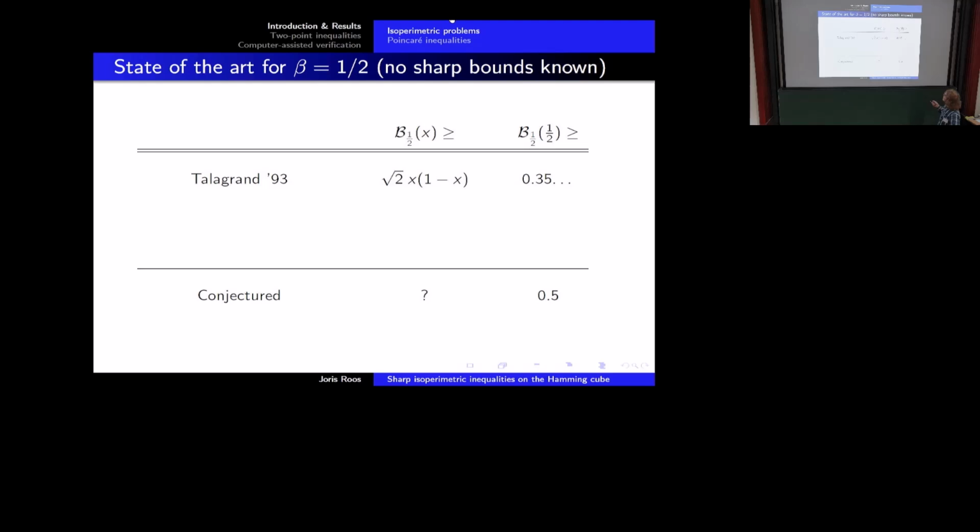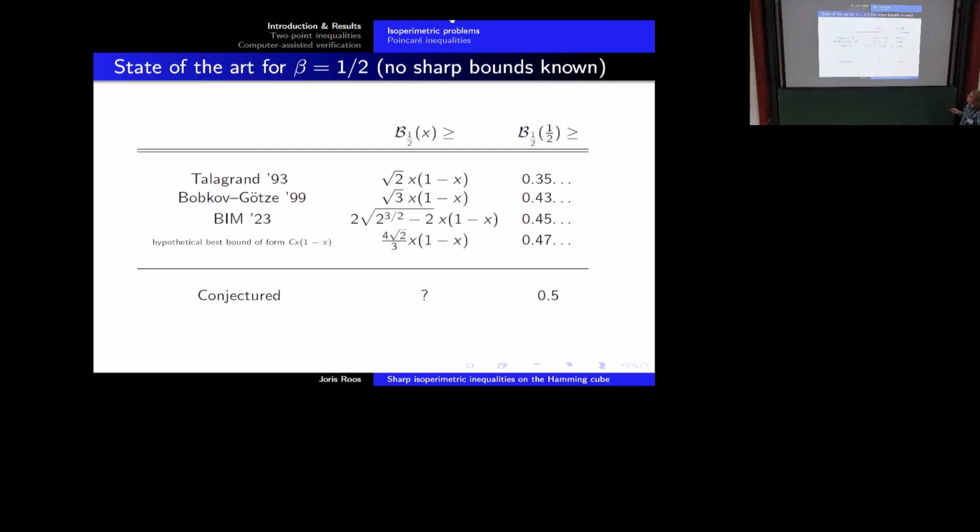He proved this lower bound. He wasn't interested in the multiplicative constant, this is what he got. Then Bobkov and Götze improved this square root of 2 to square root of 3, giving the numerical value 0.43 if you plug in 1/2. What we want to get to is 0.5, right? So Beltran, Ivanisvili, and Madrid got to 0.45, and you notice that all these lower bounds are of this shape, constant times x times 1 minus x.